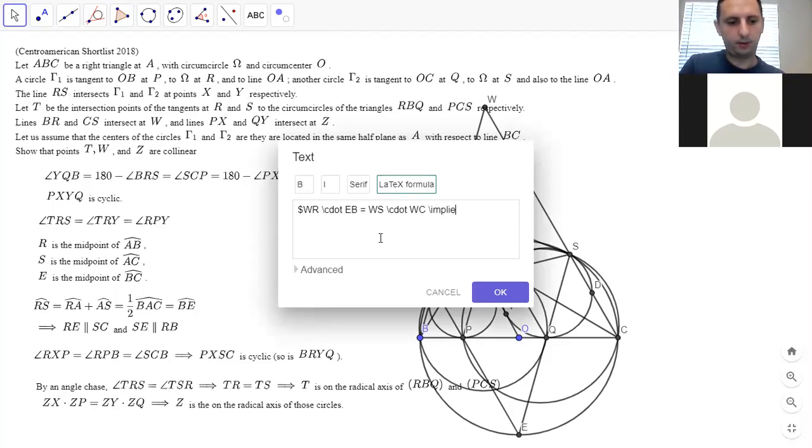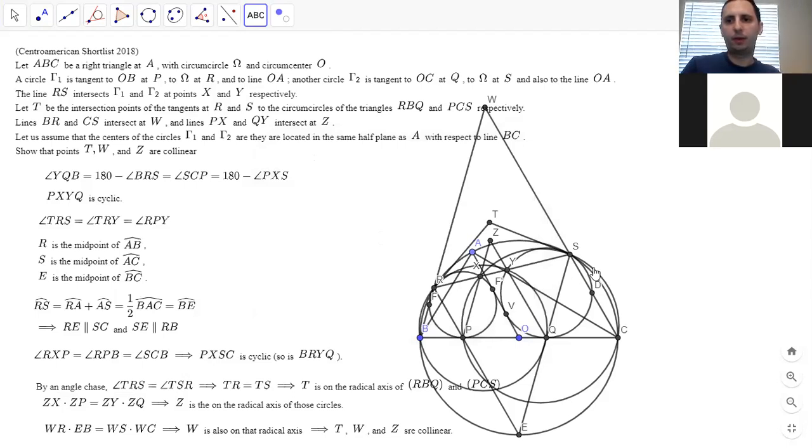So that means that W is also on that radical axis. And that means that T, W, and Z are collinear. All right. So I think I'm going to stop here.